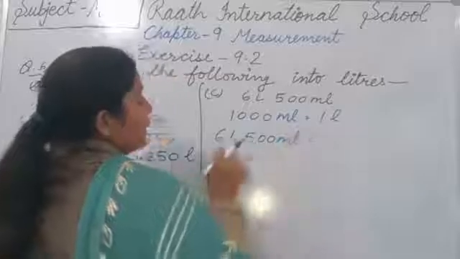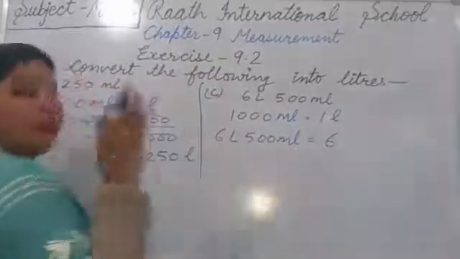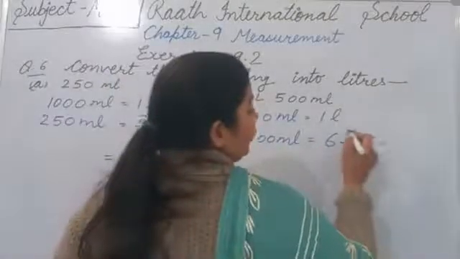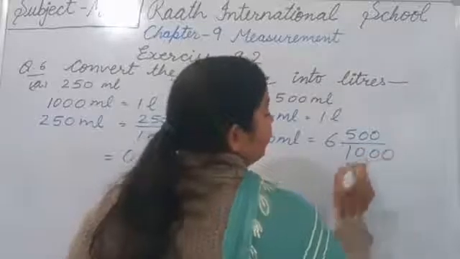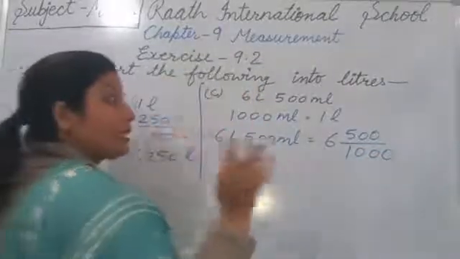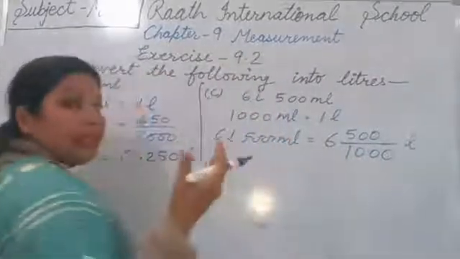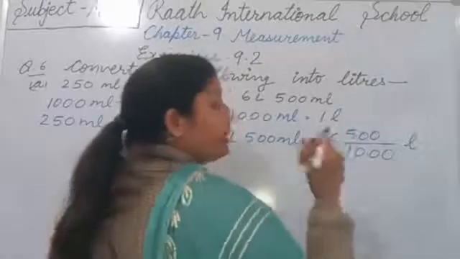Now 6 is already liter, so it will come in the whole. Now milliliter we convert into liter, so we will do divided by 1000. So 500 upon 1000. So when we have 1000, we will take 3 decimal places. Here what will we take? Liter. When we divide by 1000, we will change the unit. So there will be liter.